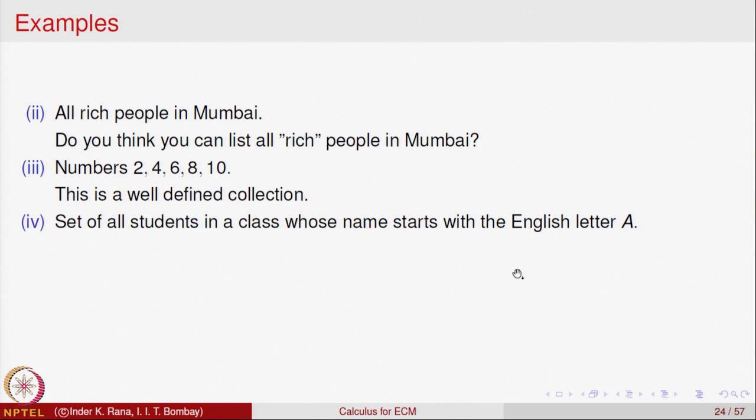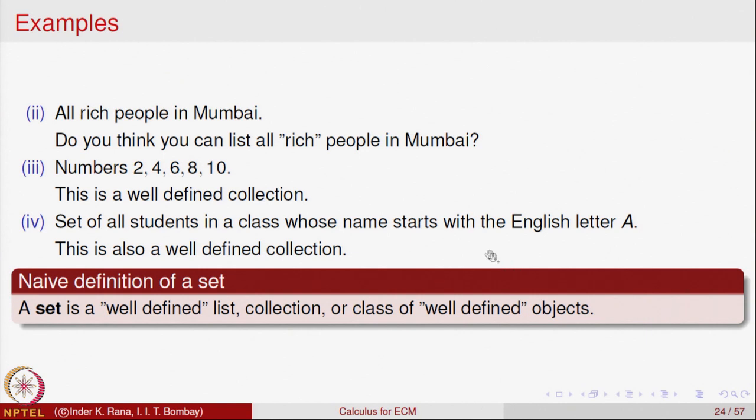We have the roll list, we can pick according to whether the names start with A or not. So, naively, I hope we have understood what well defined means. A very naive mathematical definition of a set is a well defined list or collection of well defined objects.